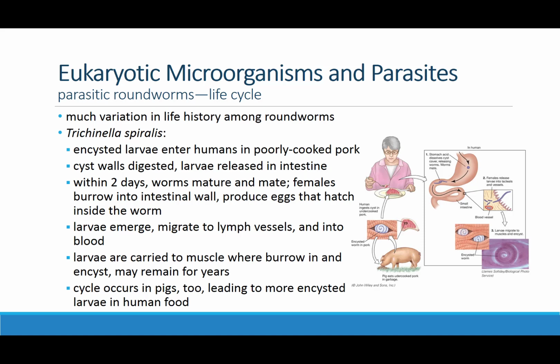So here we see a cyst that is entering into a human because of poorly cooked pork. And interestingly, we know that pigs tend to be carriers of lots of parasites. And if you look through most of the major religions, many of them have some sort of taboo against eating pork.